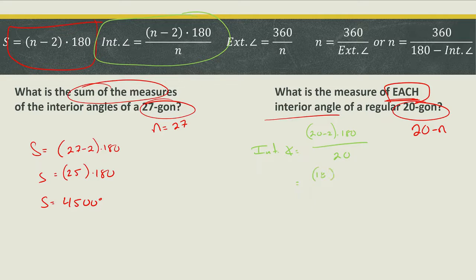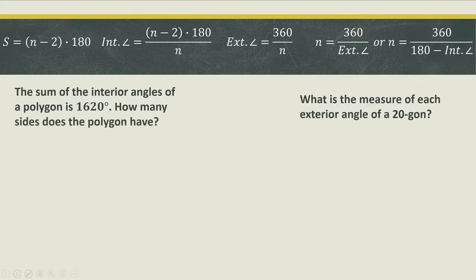We have 18 times 180, which gives us 3240, and we are going to divide that by 20, and that's going to give us the measurement of each interior angle, which in this case is going to be 162 degrees.